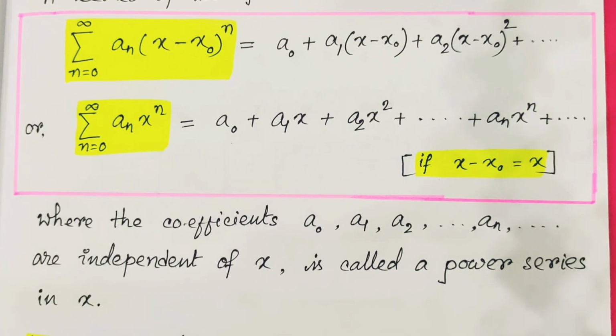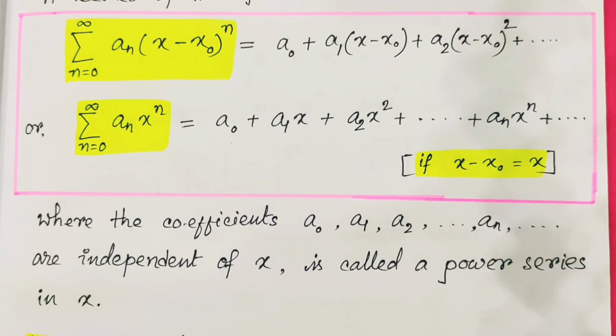Now it is possible that the series converges within a certain interval of x. That particular interval of x is called the interval of convergence, and half the length of this interval is called the radius of convergence.